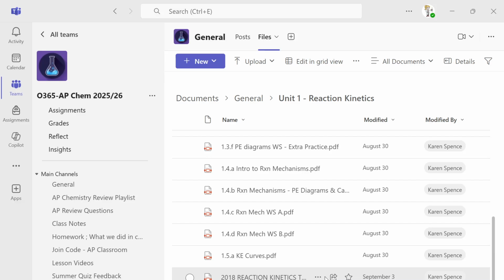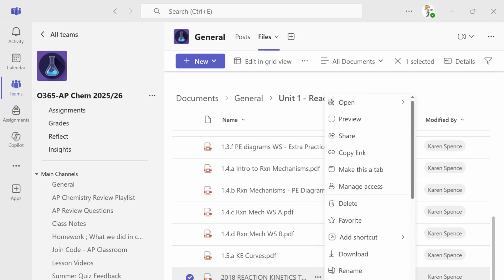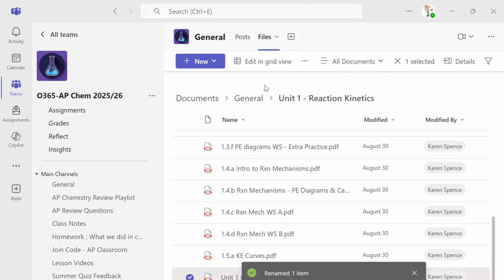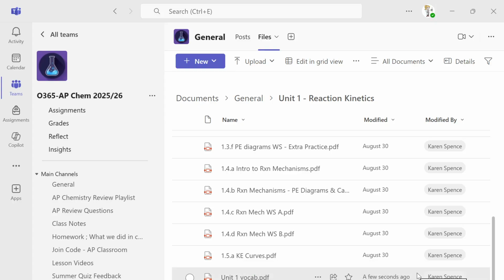I'll rename that to Unit 1 vocab, hey? There we go. Now it looks more official, rather than whatever random name my file had in my own filing system at home. 2018.